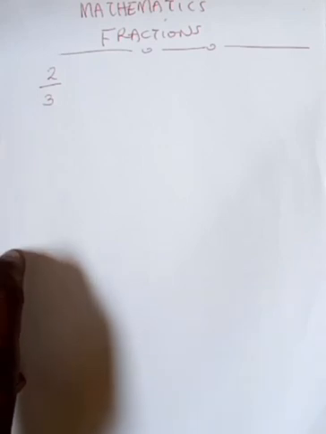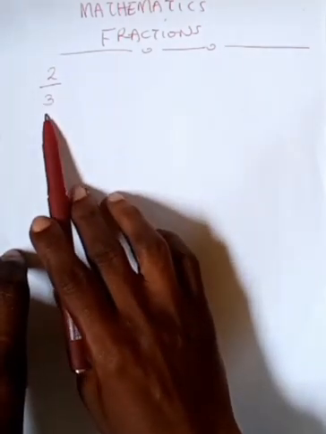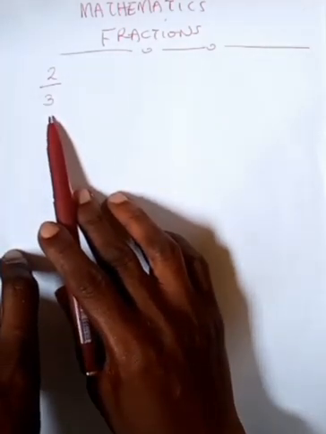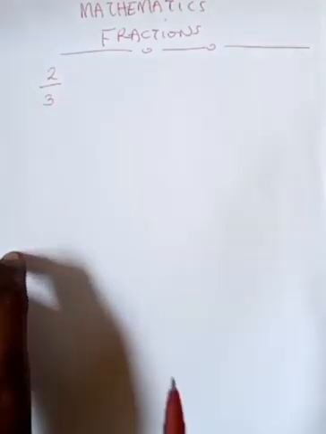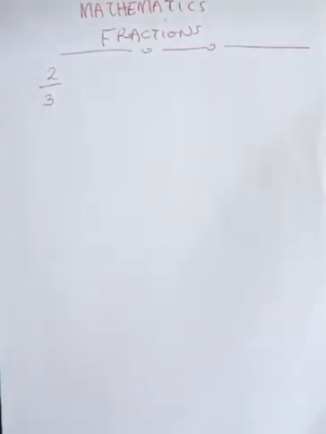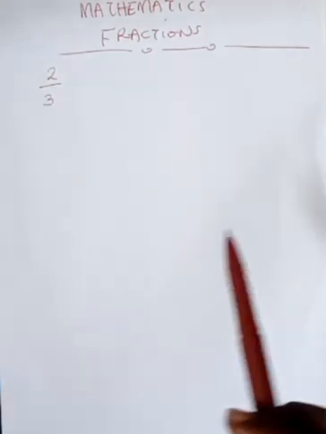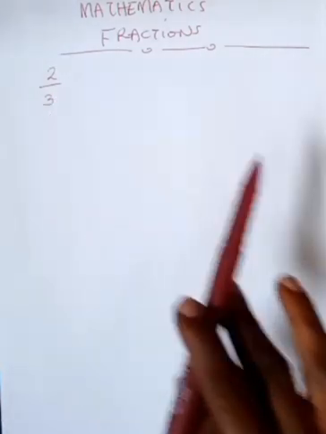Any number written in this form is what we term a fraction. It is usually comprised of two elements, one above, one below.